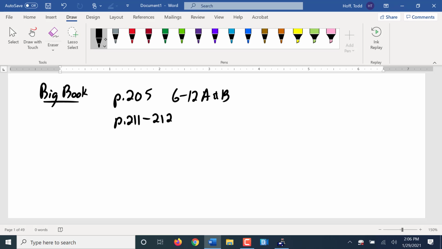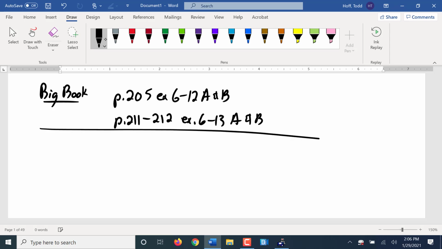Page 212, exercise 613, A and B. Well, the pages of the operations, we'll see if I got these pages correct. Page 208 through 210. Somebody have the big book, so we can double check? Lexi's got it, good, we'll double check these pages here. This is exercise 6-12C. And page 213.